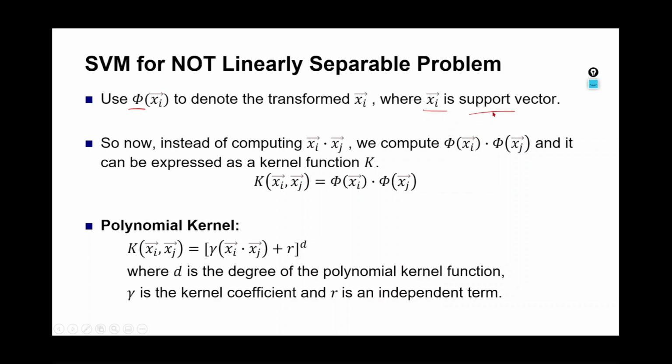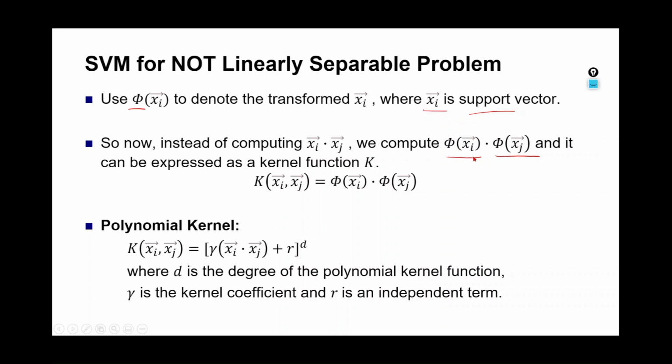So now, instead of computing this xi dot xj, like what we did originally using the original feature values, we compute the transformed xi multiplied with the transformed xj. For simplicity, just understand it as a higher dimensional support vector.